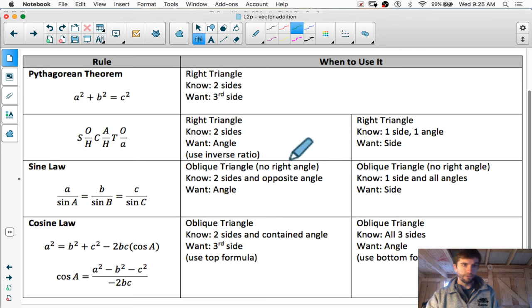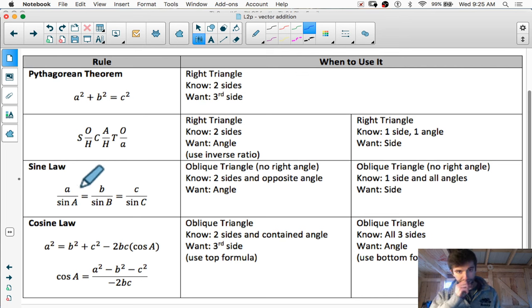And here's all of the stuff you should remember about trigonometry from throughout your high school math career. So you should know Pythagorean theorem works for right triangles, SOHCAHTOA, sine law, and cosine law. And we're going to, as much as possible, avoid using sine law to solve for angles.